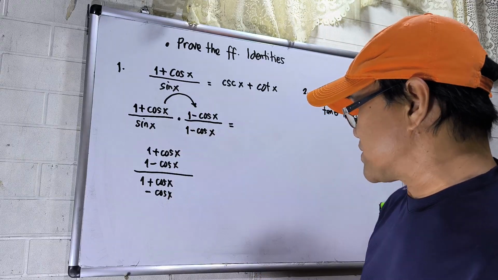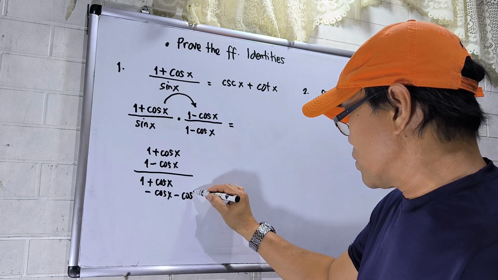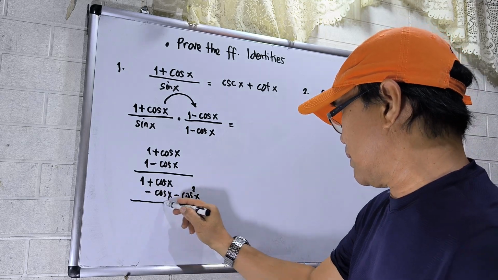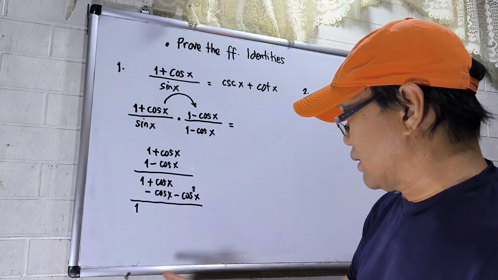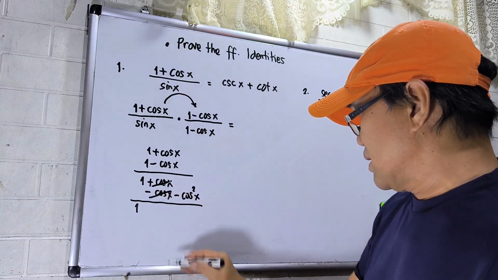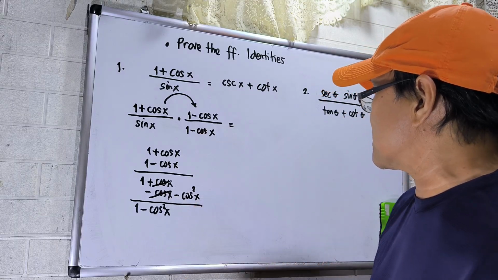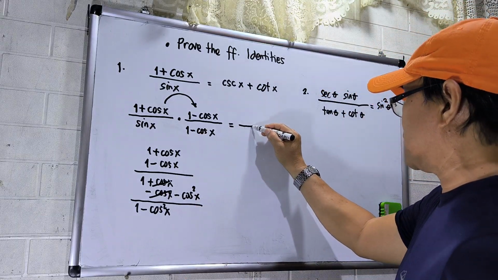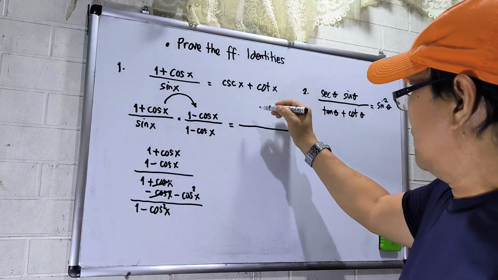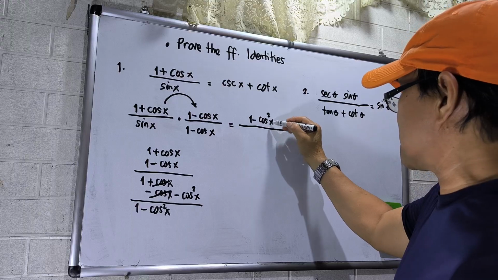Then positive times negative will be negative, cosine times cosine will be cosine squared x. So bring down 1. Unlike sine, the same cosine terms will be crossed out. So this will be 1 minus cosine squared x. So now my numerator is 1 minus cosine squared x.